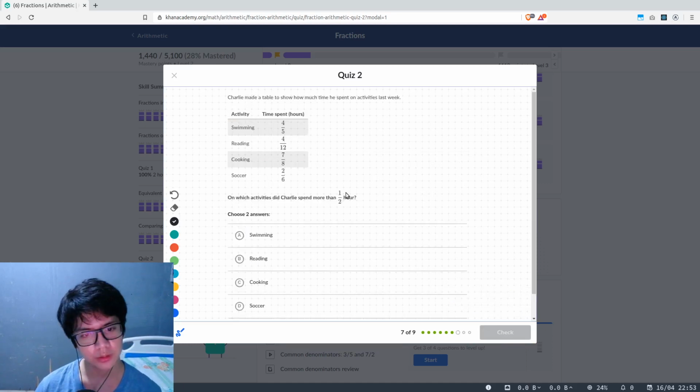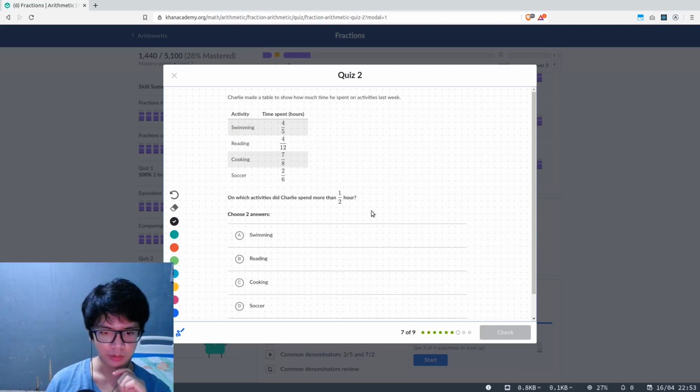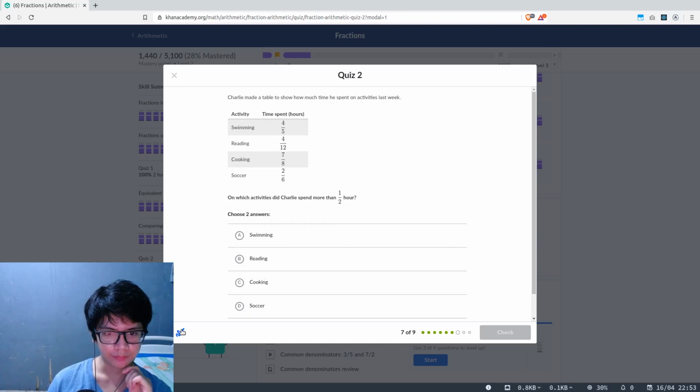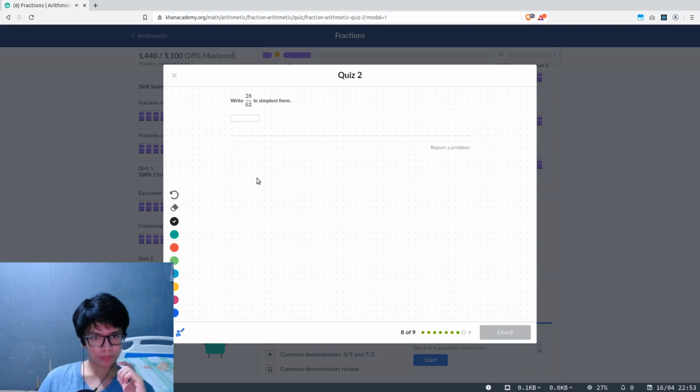Charlie made a table to show how much time he spent on activities last week. More than half. Okay, swimming is definitely more than half. And cooking. Simplest form, let's see.